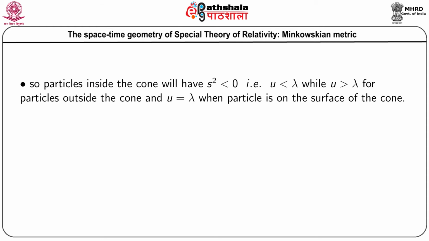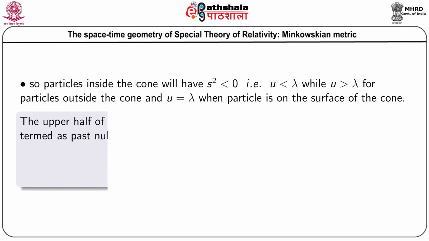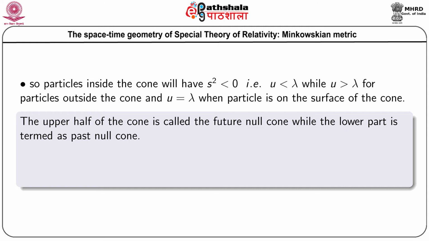Now, the particles inside the cone will have s² less than 0, that is u less than λ, and u is greater than λ for particles outside the cone, and u equals λ when the particle is on the surface of the cone. The upper half of the cone is called the future null cone, and the lower part is termed the past null cone, and the total thing is called the null cone or the light cone.